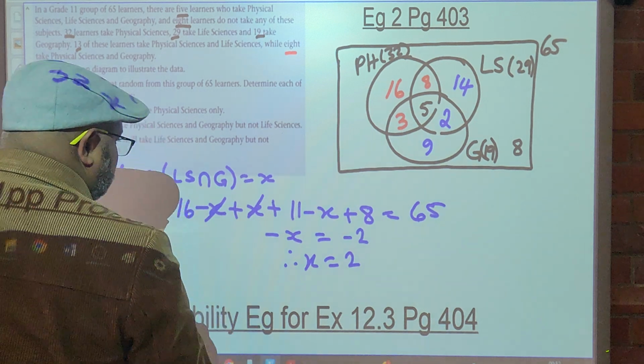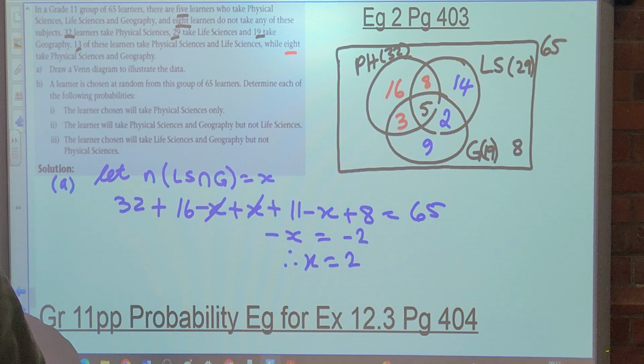They still did it in parts. Okay, so B says, a learner is chosen at random from a group of 65 learners. Determine each of the following probabilities.